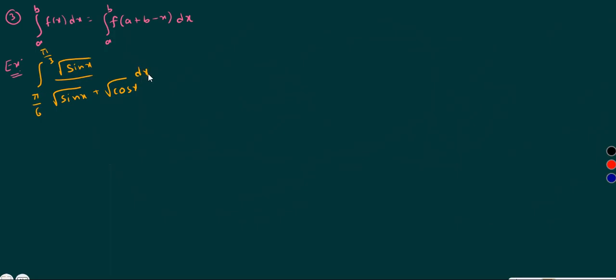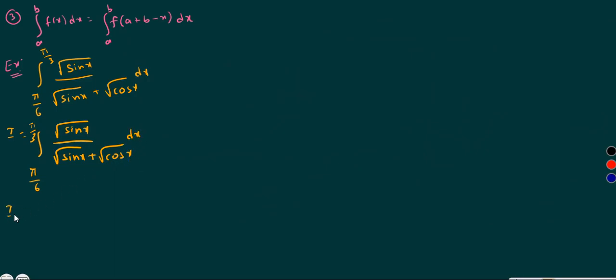Now see this one, assuming it to be I. So I equals the integration from pi by 6 to pi by 3 of root sin x by root sin x plus root cos x dx.